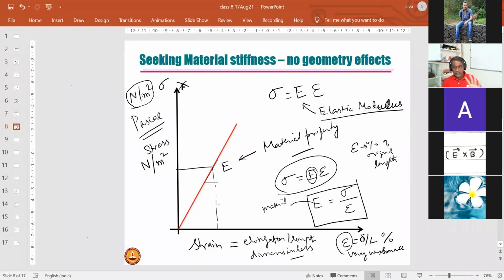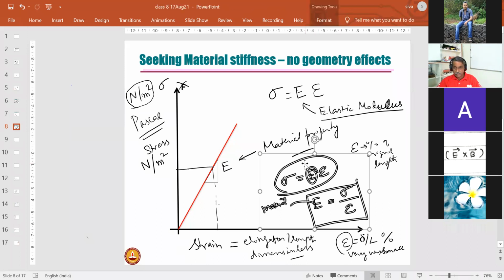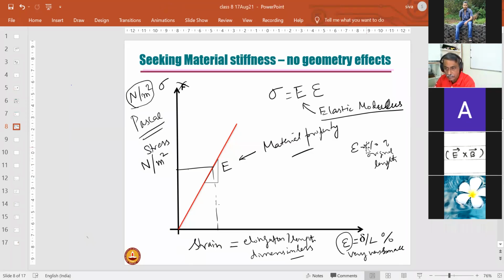So what we have done basically is we have now located a material property and looked at this more closely. If you're okay, I am just going to erase some of this so that I can move on.